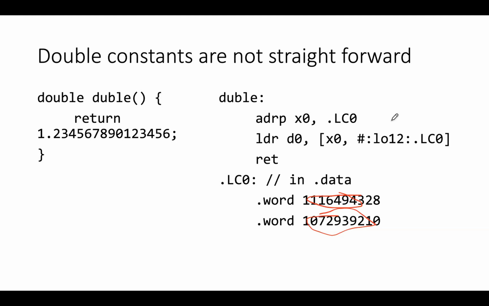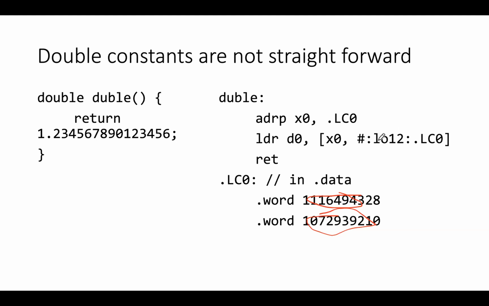What is this shenaniganery over here? Hash colon LO12 colon dot LC0. What does that mean? Okay, so these things are also generated by the compiler.